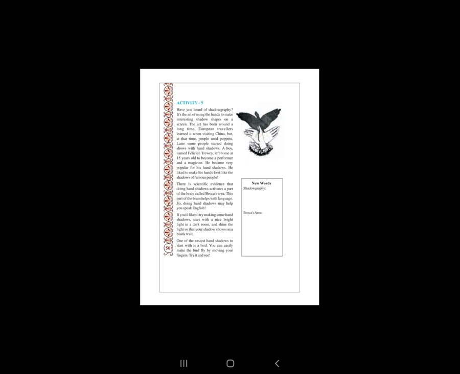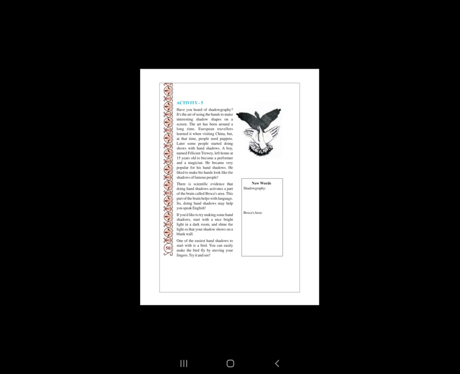First sentence, the Chinese travelers learned the art of shadowgraphy when visiting Europe. It is wrong, so false. Second sentence, in ancient times, people used puppets for shadowgraphy. It is true. Then third, Felician Trewey became popular for his magic tricks.